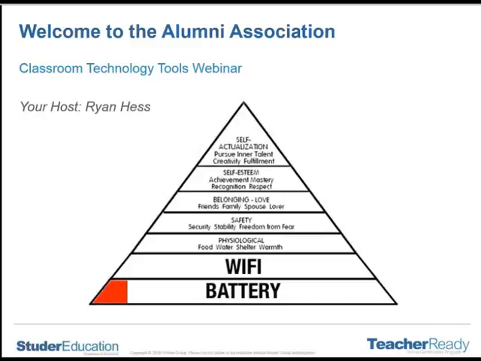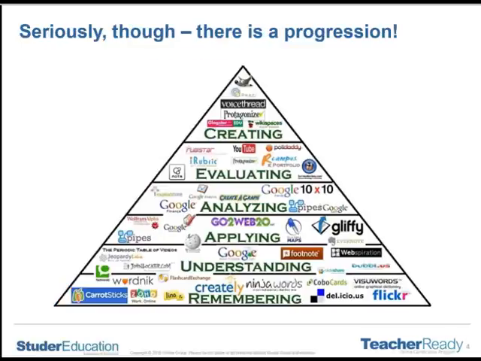So this is another hierarchy that you might be familiar with as teachers and educators. This is actually Bloom's taxonomy, which we talk about in learning, with the bottom level being recall or remembering, that very basic level, all the way to the top. And this is a juxtaposition of Bloom's taxonomy with different technology tools.